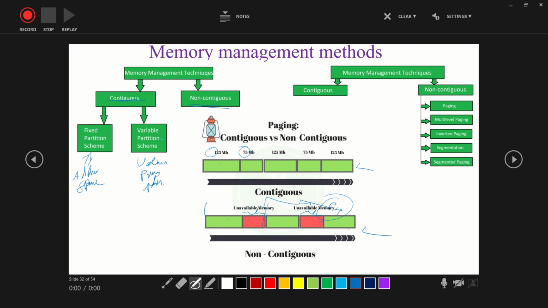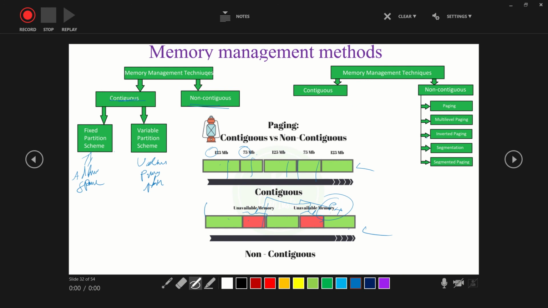These are the two types: fixed and variable schemes. Fixed means 125, 75, 125 may stay fixed. Variable means it depends upon the process requirement, and the slot sizes will change. So that is the variable one.